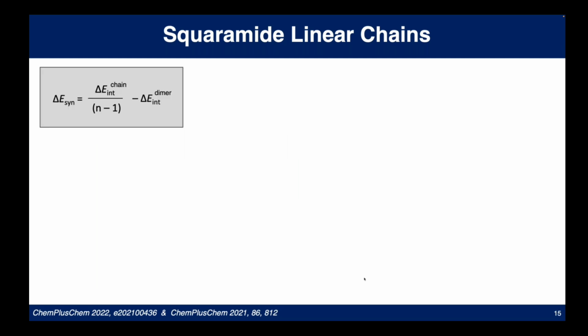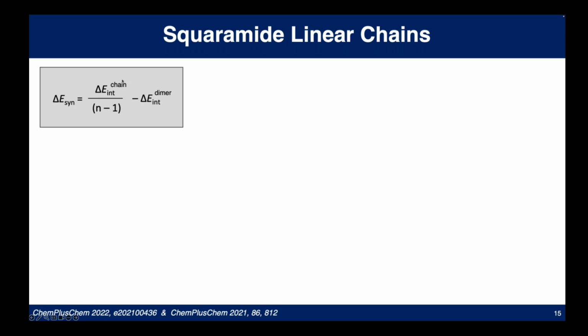For that reason we define the synergy as the interaction energy of the chain divided by the number of interaction points, n-1, from which we subtract the energy of the dimer.